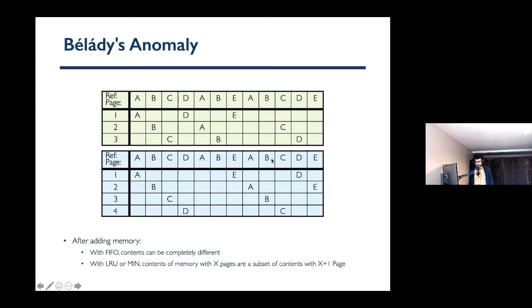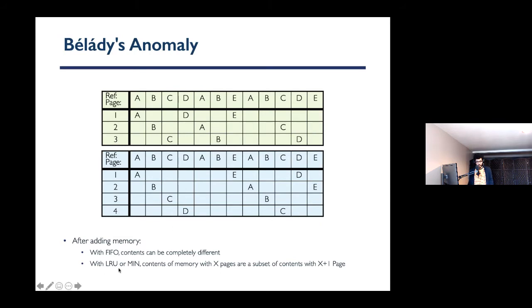Same sequence, same replacement policy, FIFO. The only difference is that I have increased the size. And now count the number of page faults, that's 10. So 10 page faults compared to 9. The number of page faults increased as I increased the size of memory. That's an anomaly. You want to get fewer page faults for an increased size memory.